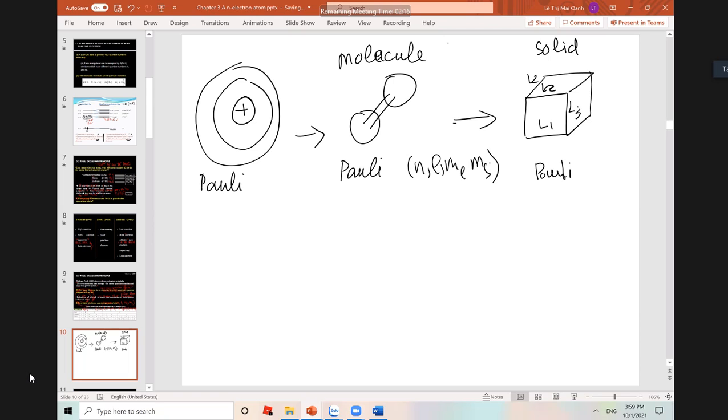There are no two electrons that can have the same four quantum numbers; each electron has a unique set of four quantum numbers. That is the content of the Pauli exclusion principle.